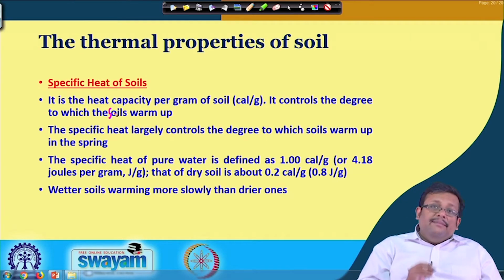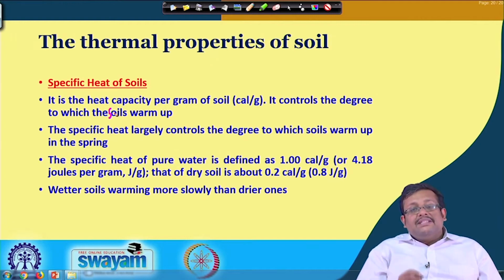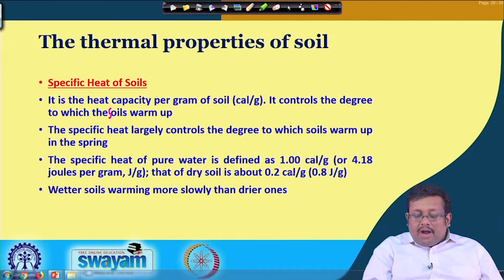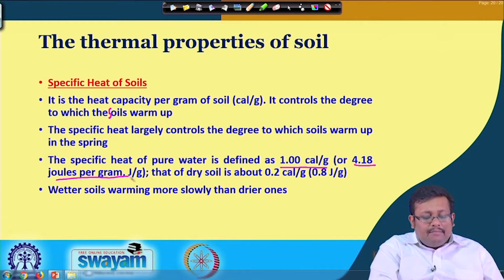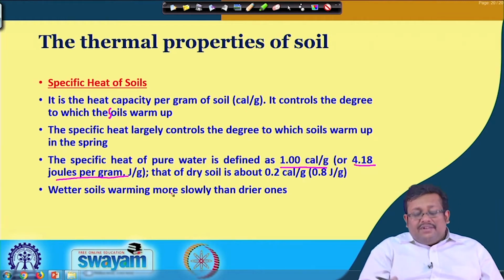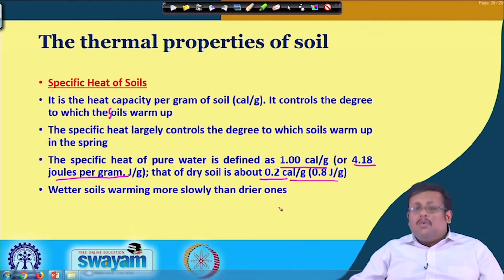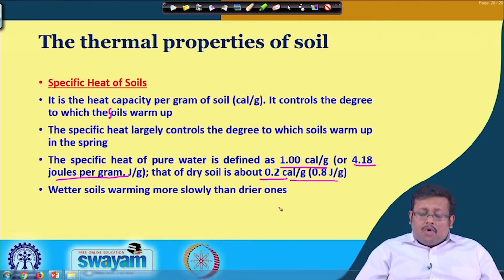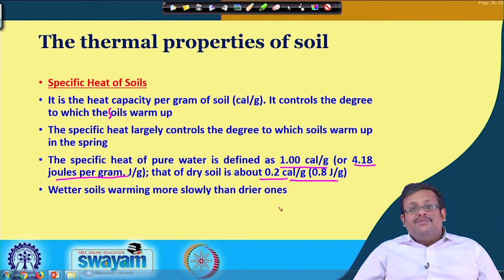It is a very important soil property. Remember that the specific heat of pure water is defined as 1 calorie per gram or 4.18 joules per gram, and the specific heat of dry soil is about 0.2 calorie per gram. So, you can see the specific heat of pure water is 5 times more than that of dry soil.